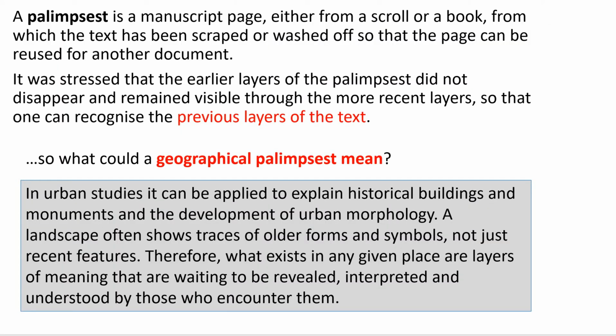So if you have a quick read now of what a palimpsest actually is, when we link this to place, we might look at architecture, for instance, so old historical buildings and then newer developments built upon it. And these newer developments alongside or juxtaposed with the older developments give a real sense of place to the location, and it really shows us that places are dynamic.